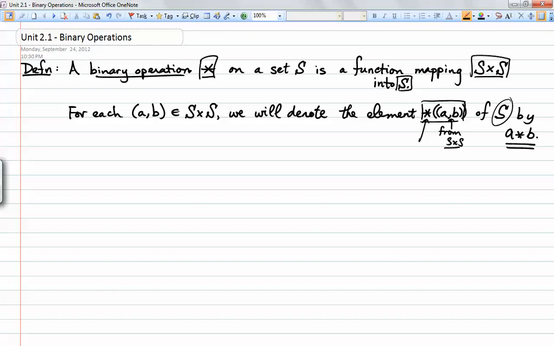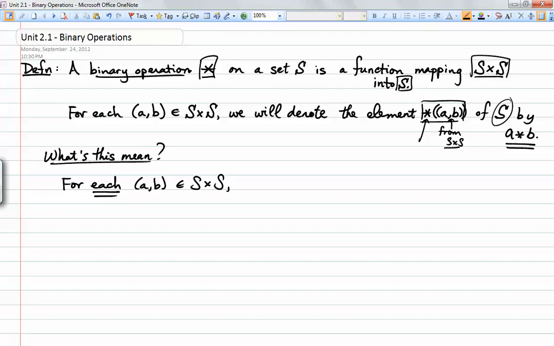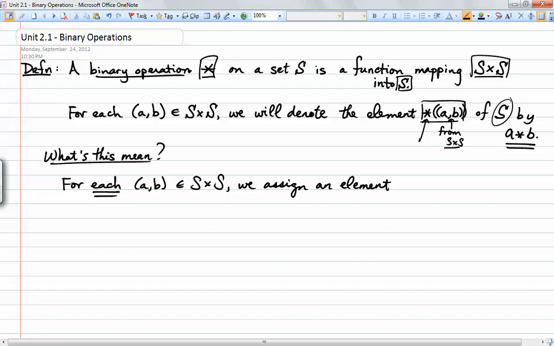Okay? So what does this mean? What this means is that for each, again, every single AB in S cross S, we assign an element A star B of S. Okay, so let's look at some examples here.